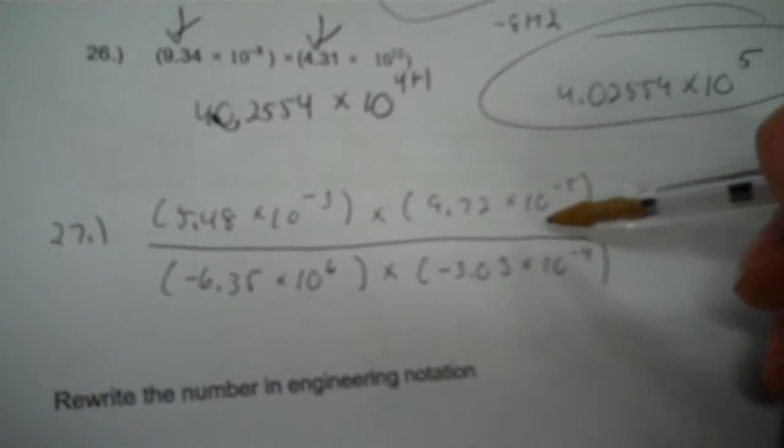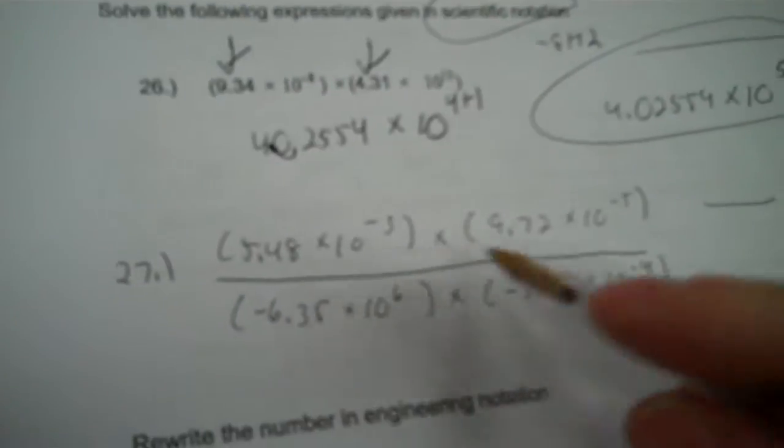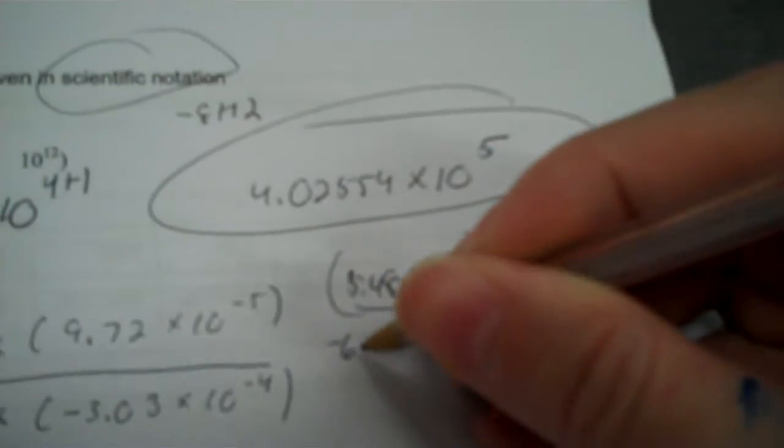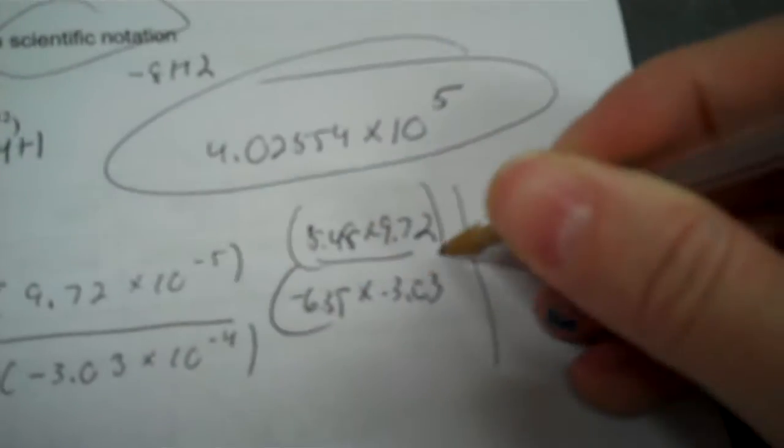Okay, now if it's more complicated, here's what you're going to do. I'm going to kind of split it in two. You're going to worry about just your numbers first. You're going to take 5.48 times 9.72 on top, put it in parentheses, and then you're going to take negative 6.35 times negative 3.03 on the bottom.